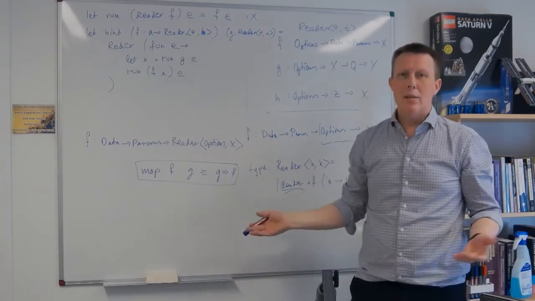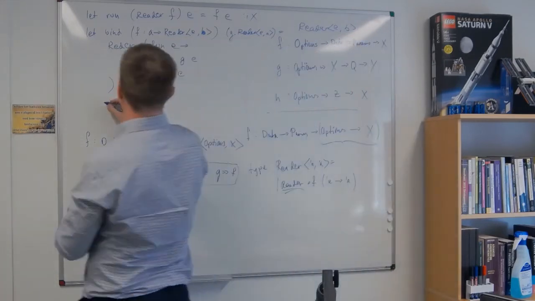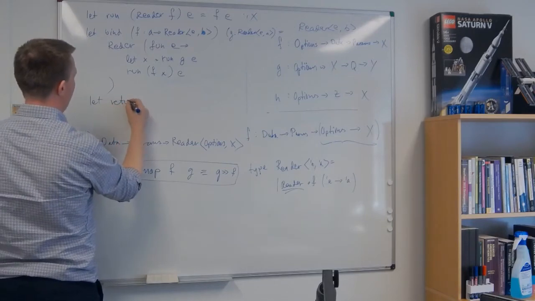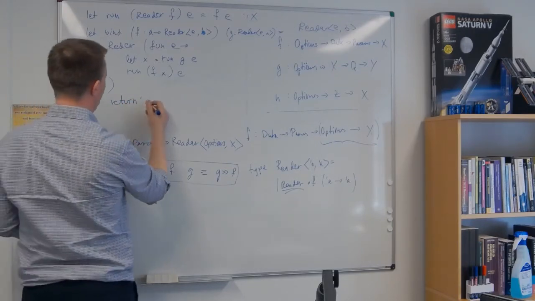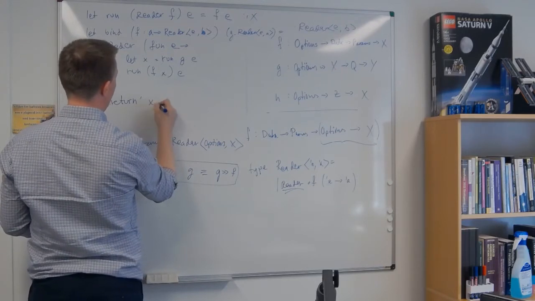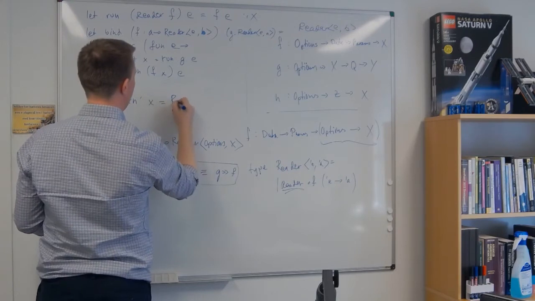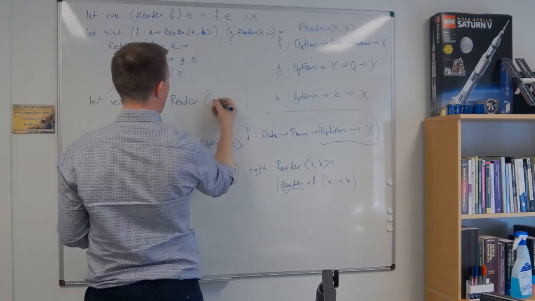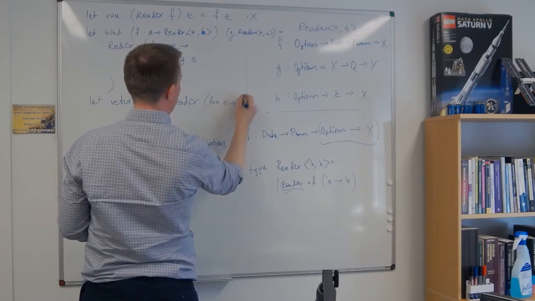And then finally we need this return or pure function, which is super simple. I'm just going to call it return with a prime because otherwise F# will complain. Return takes some value x and returns a reader, fun e to x.